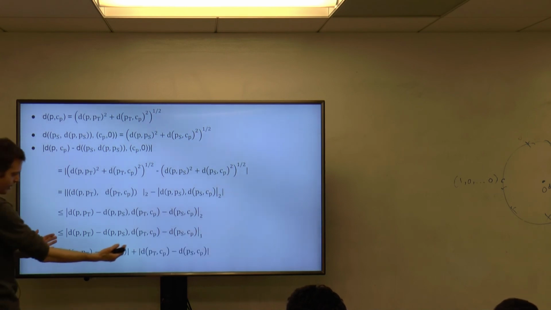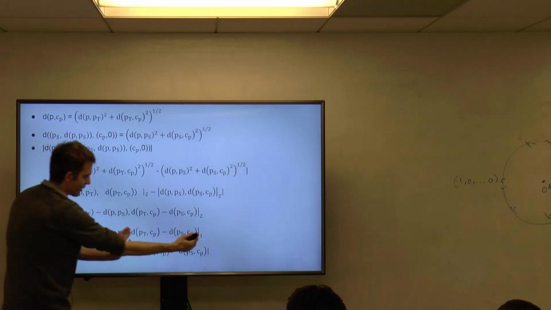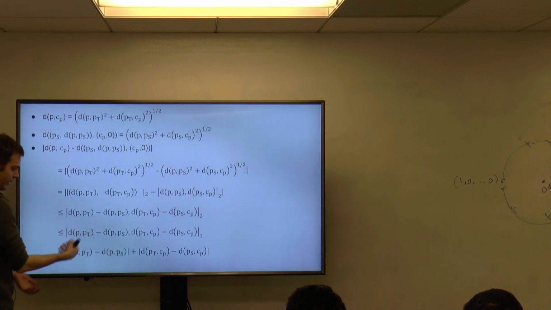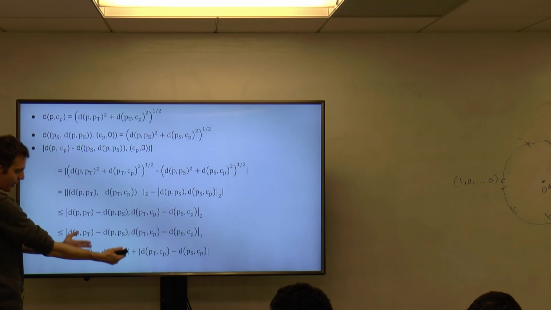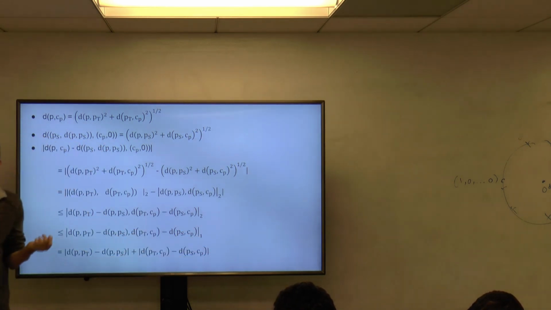It's the difference in distances to the subspace plus the difference in distances inside the subspace. And now I just add up over all the points. This will be the cost of P to T minus the cost of P to S, and this will be the cost inside of the subspace. So that's the whole proof.